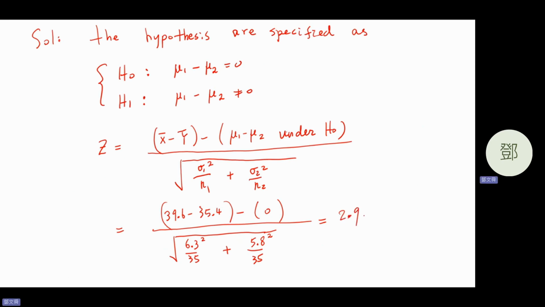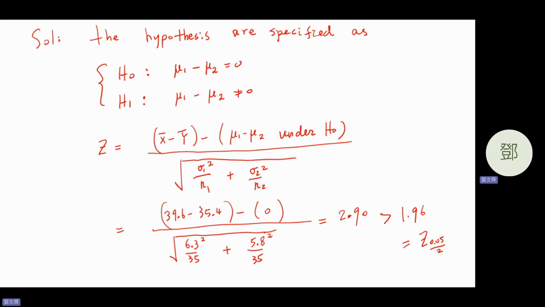Hey, the value is relatively large. Then the z value, hey, because it is the two-tail test, so 1.96, which is equal to z 0.05, hey, divided by 2.